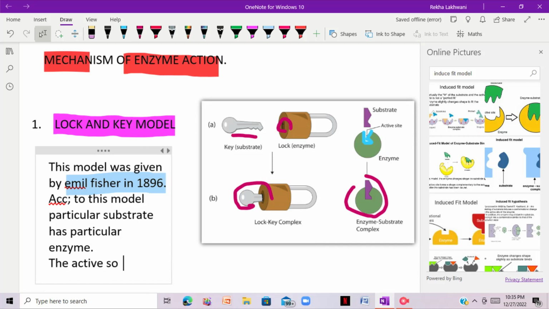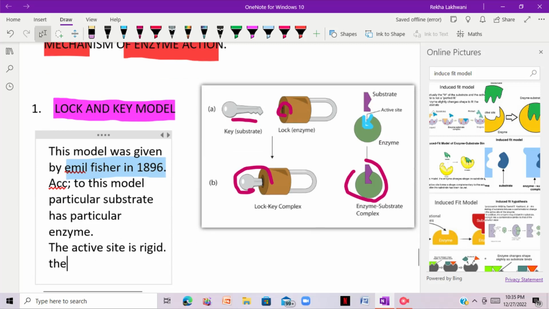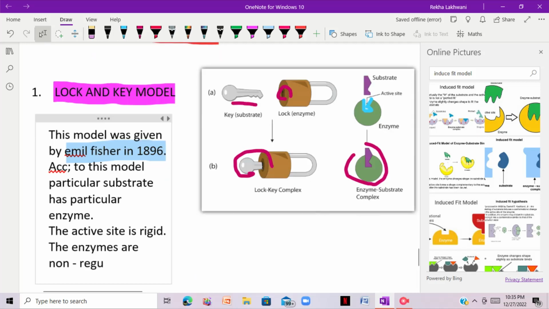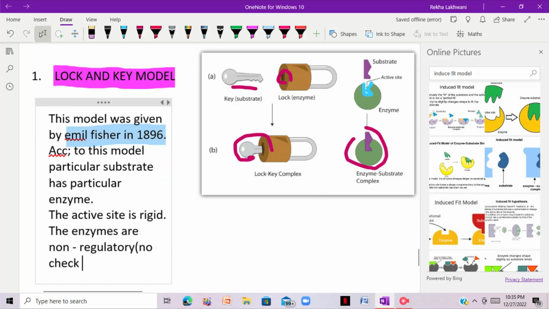According to this model, enzymes are non-regulatory. Now, what does that mean? It means that they are not regulated, that there is no check and balance on them.